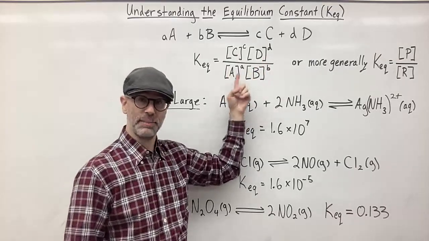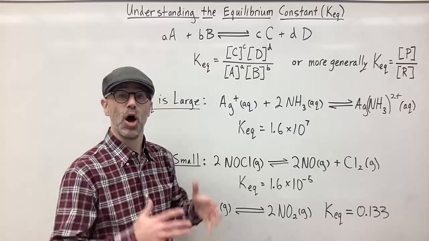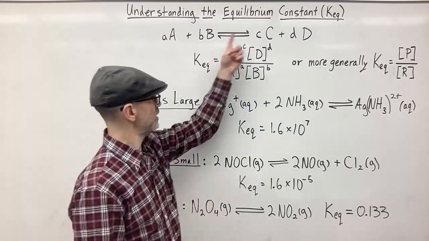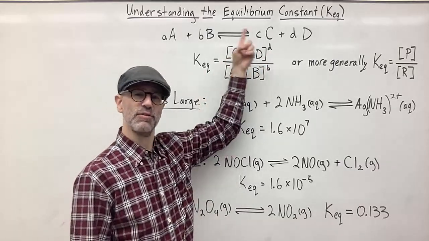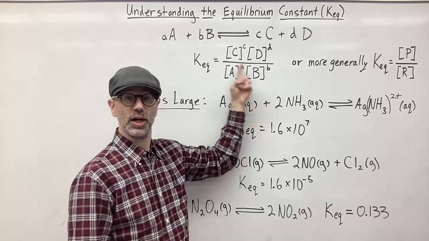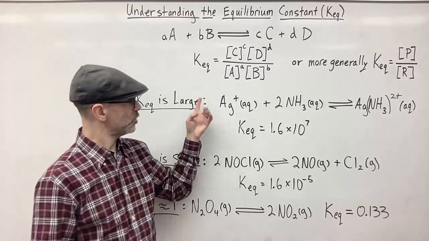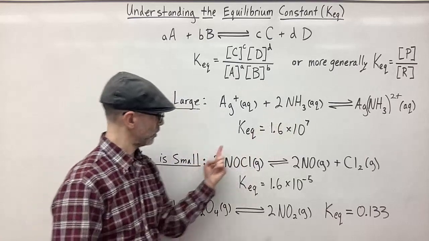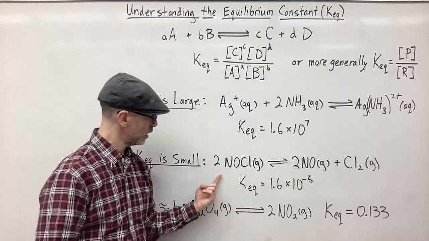So if your denominator is much, much bigger, that means at equilibrium you have a whole lot of reactants compared to products. So if KEQ is very small, then you have very, very little product and a whole bunch of reactant. So in this case, your reaction favors the reactants. Oops, I'm pointing to the wrong one. Your reaction favors the reactant.